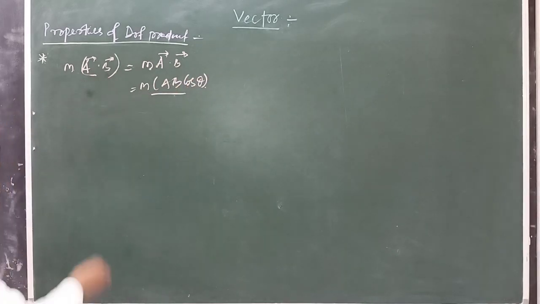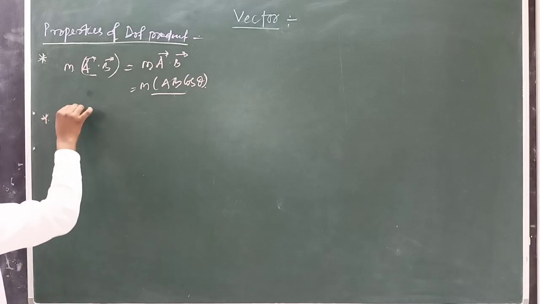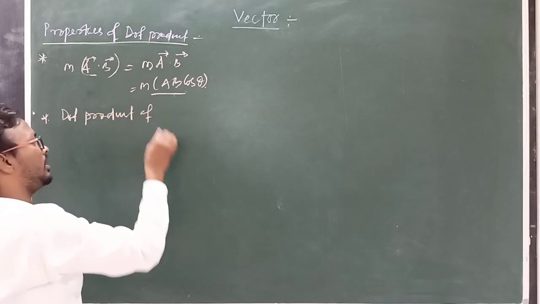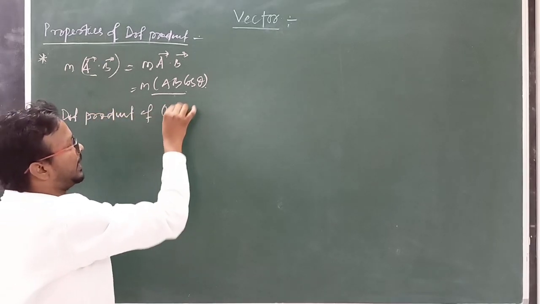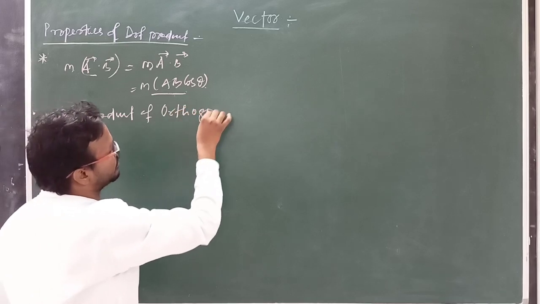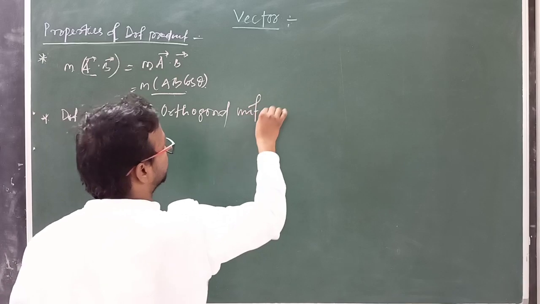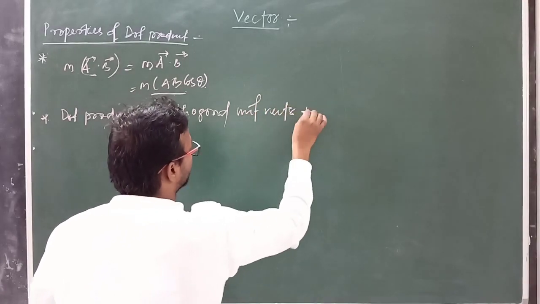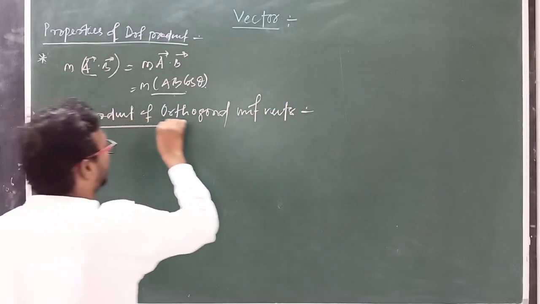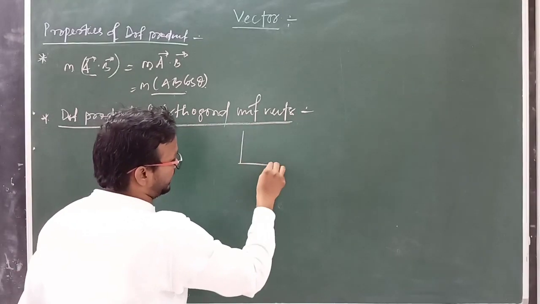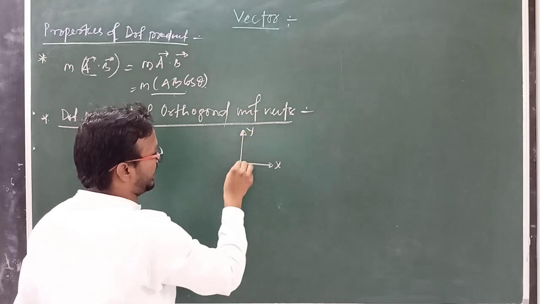Clear? And the next important property is known as the dot product of orthogonal unit vectors. So what are orthogonal unit vectors? We already know there are 3 axes: x, y and z.